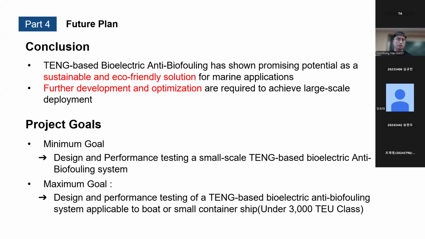And our Group 2 project's minimum goal is design and performance testing of a small-scale TENG-based bioelectric anti-fouling system. And the maximum goal is design and performance testing of a TENG-based bioelectric anti-fouling system applicable to a boat or small container ship, like under 1,000 TEU class.